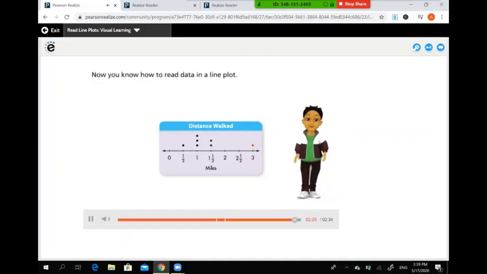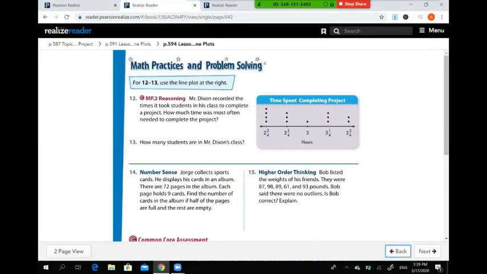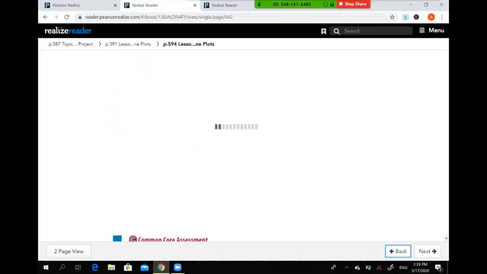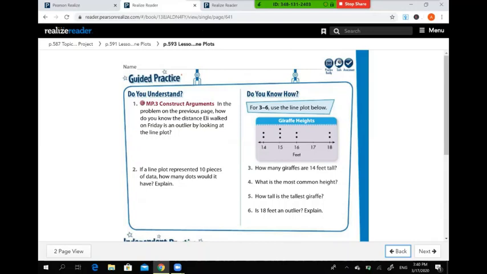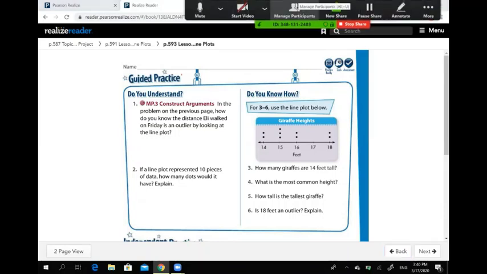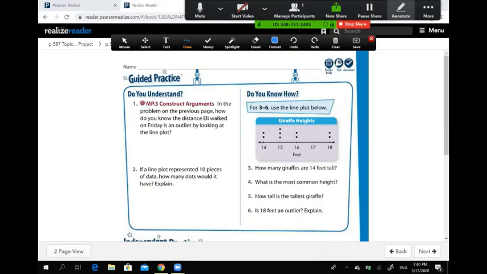Now you know how to read data in a line plot. Okay, let's move to the questions. Page 593. For 3 to 6, use the line plot below. Question number 3.